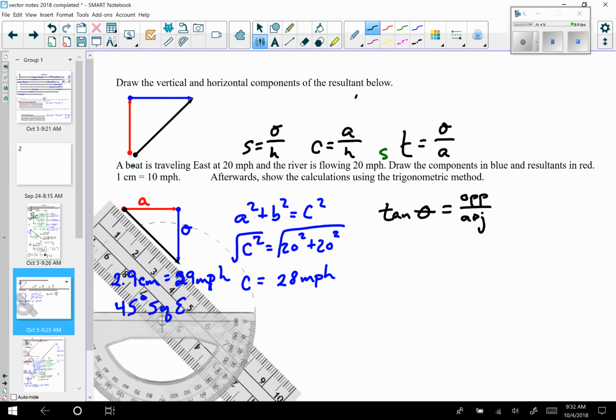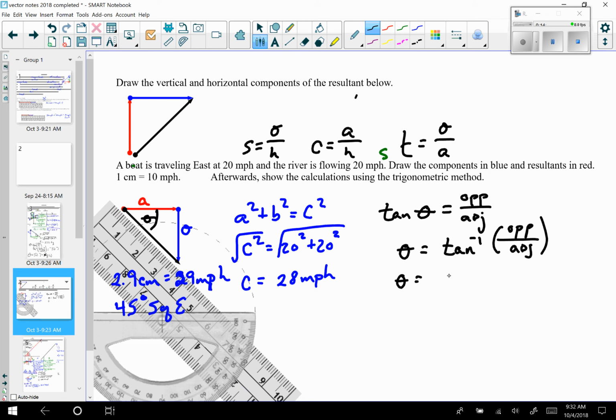Well, watch what I do here. If I want to find the angle that the boat's going, I'm going to say the angle is equal to the inverse tangent of opposite over adjacent. So let's plug in our numbers here.